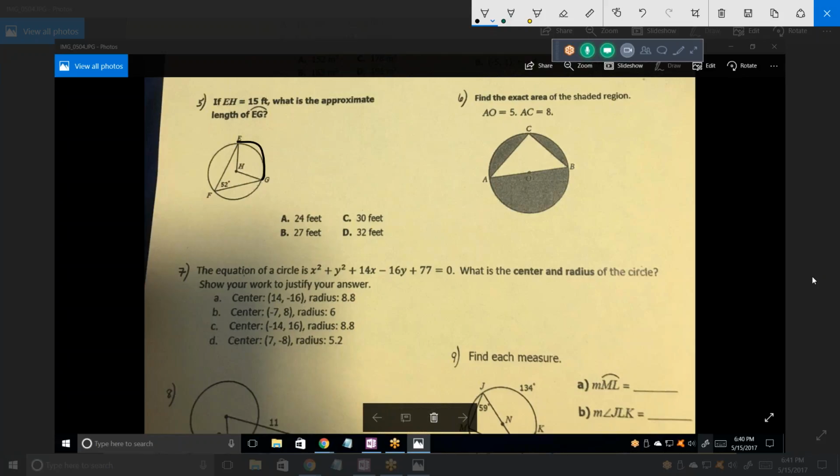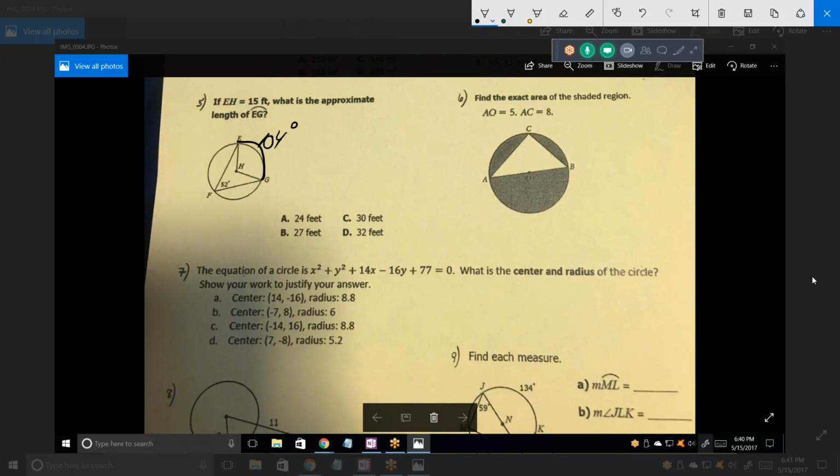What's the arc measurement of EG? 52? No. If this H was 52, then the arc measurement would be 52. But H is a central angle. It's twice whatever this angle is. It's 104 degrees. That would be 104. Okay.